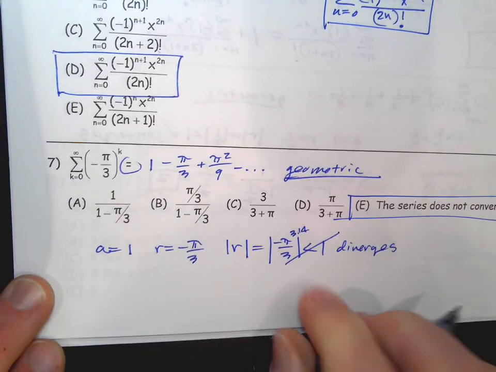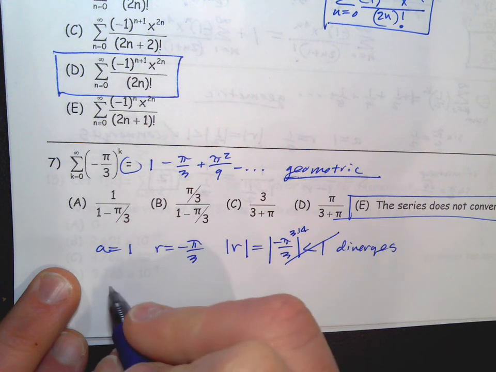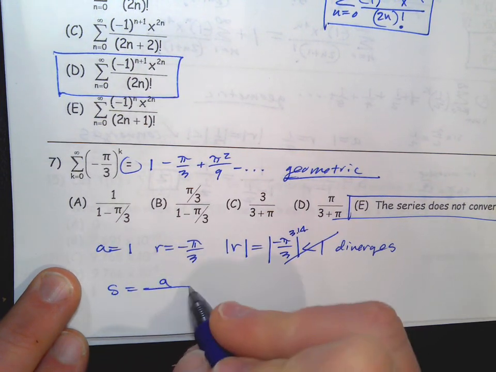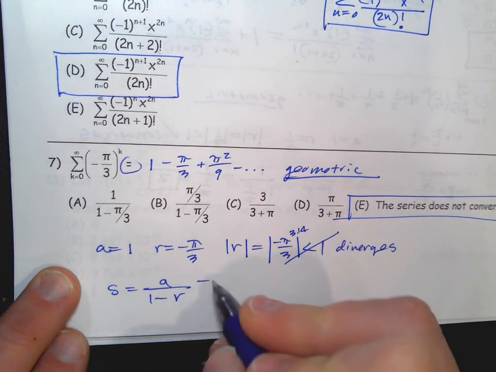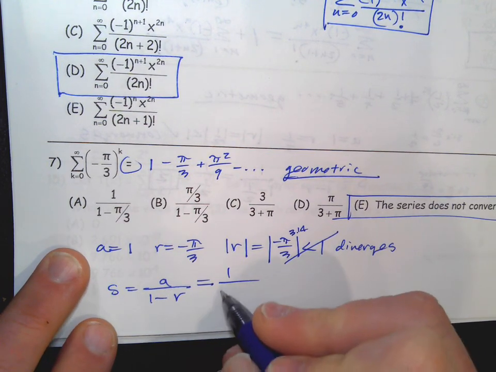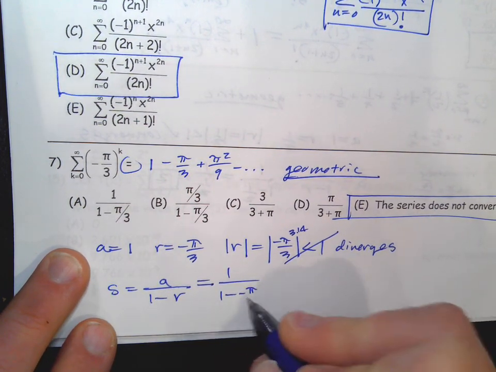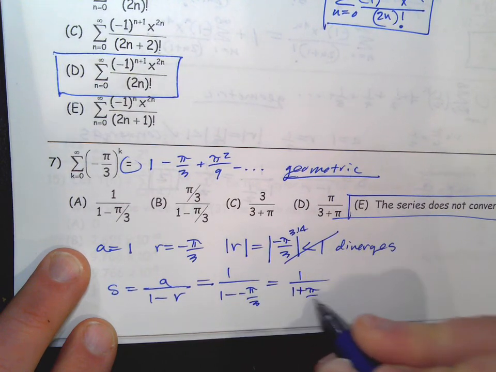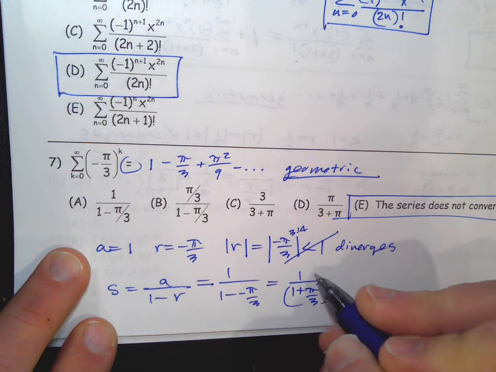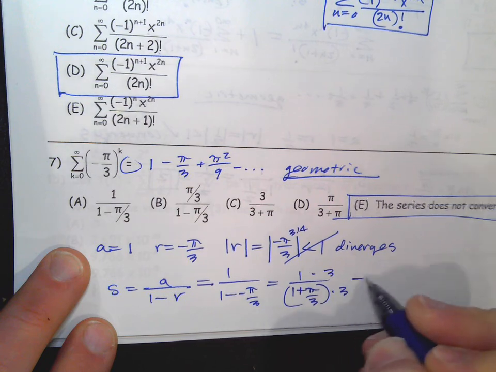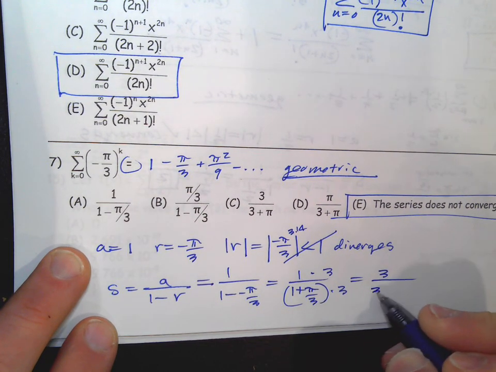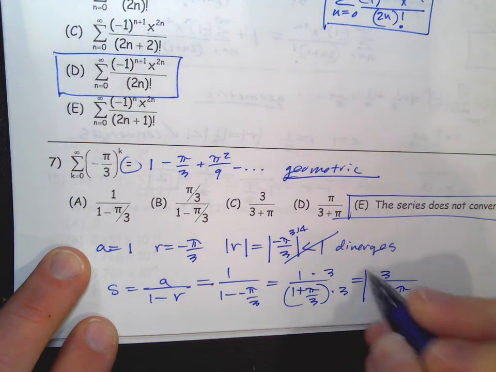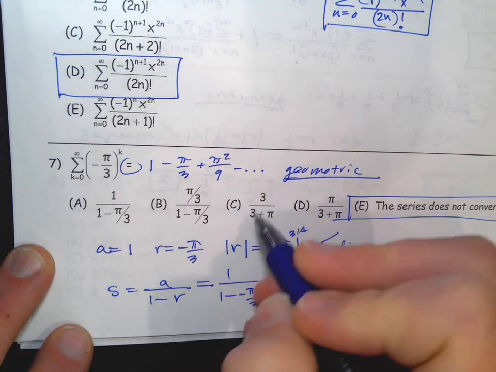But I guarantee these answers are based off the people who decided to go ahead and say, oh, yeah, the sum equals a over 1 minus r, and a is 1, and r is -pi/3. So it's going to be 1 over 1 plus pi/3. Yeah, we could clean it up, possibly. It looks like some of the answers are cleaned up.